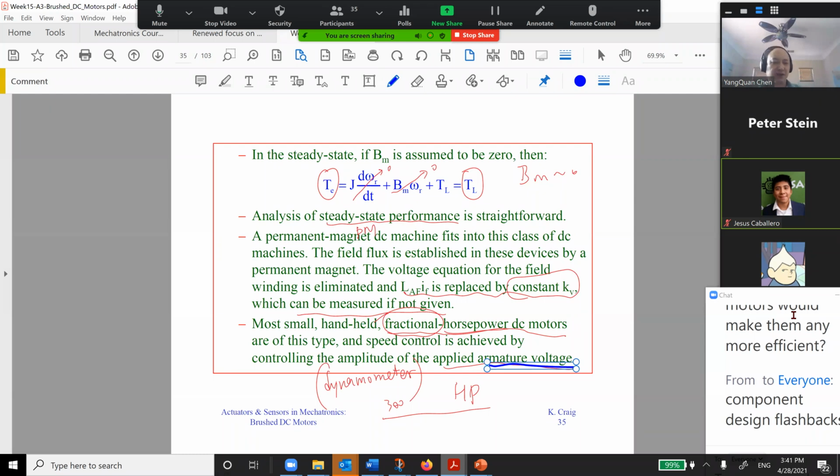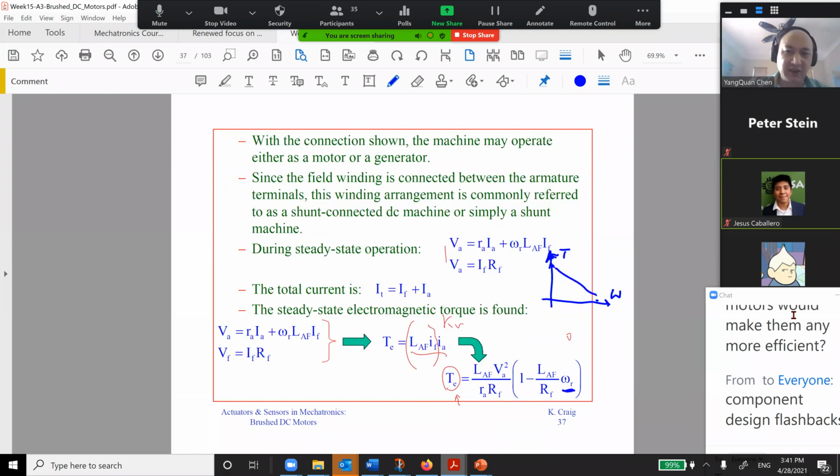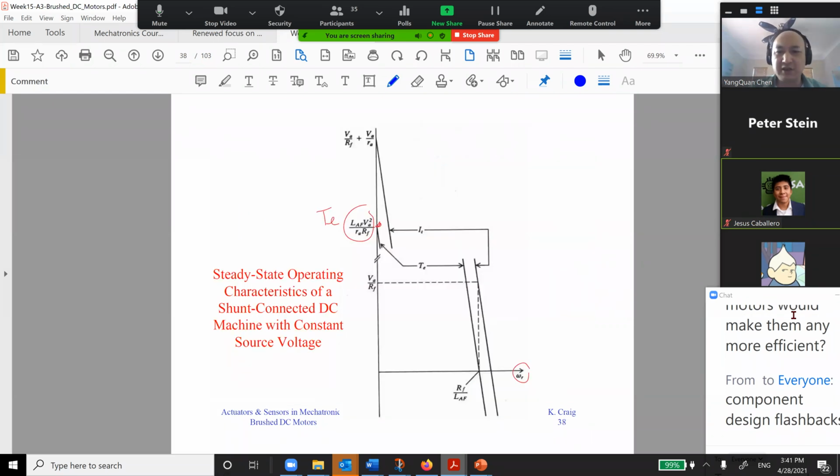You don't do the field excitation at all. This is also consistent with the permanent magnet DC motors. Okay, so this is separate connected, and shunt connected. For the shunt connected, be careful of this torque and speed relationship. We already said that.